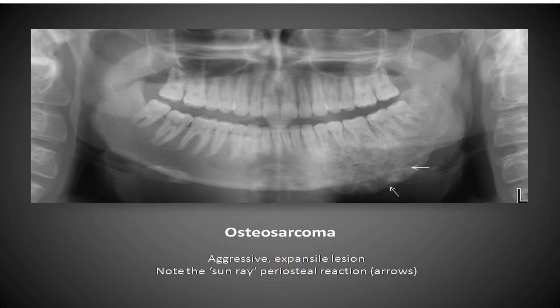Another example where you can see a radiopacity involving the mandible is the osteosarcoma, which is an aggressive and expansile lesion where you can study the pattern. Just like in IOPAs, another significant factor in diagnosing pathologies or lesions in orthopantomographs is the pattern or appearance, how they appear in a panoramic radiograph.